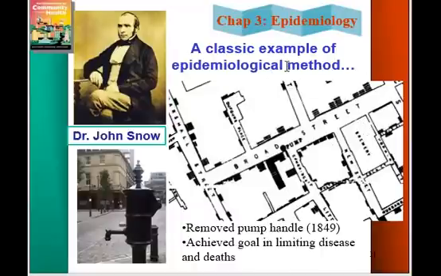And after placing the X marks, Dr. Jon Snow noticed that the X marks seemed concentrated here on Broad Street.